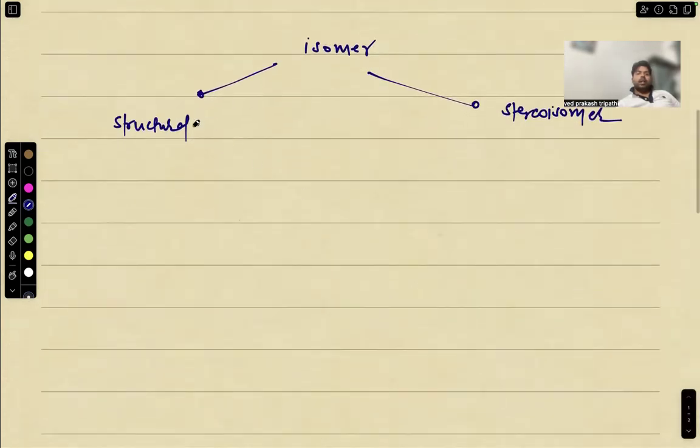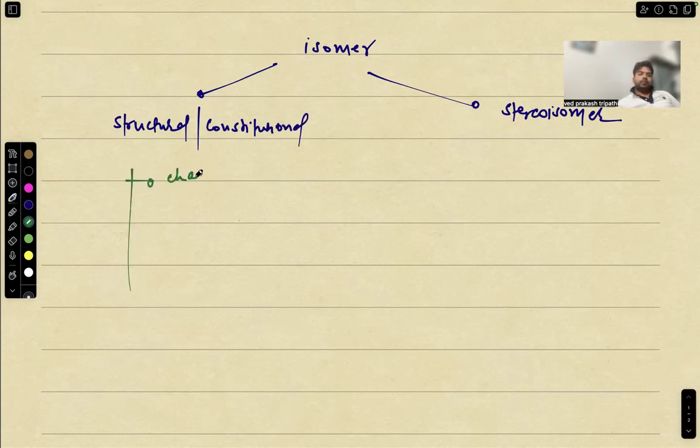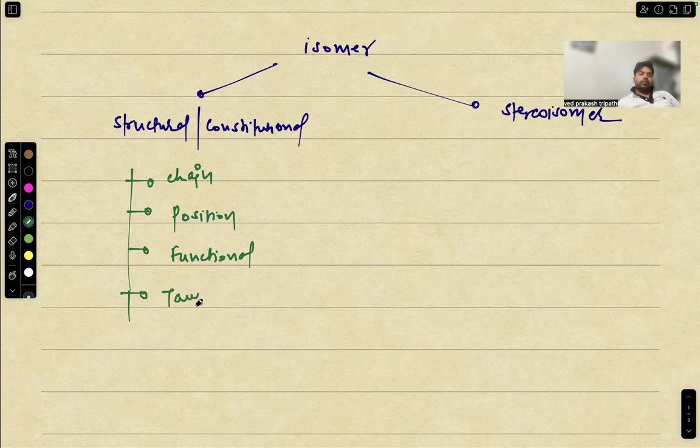The structural is also known as constitutional, and structural is further divided into chain, position, functional, tautomer, ring chain.